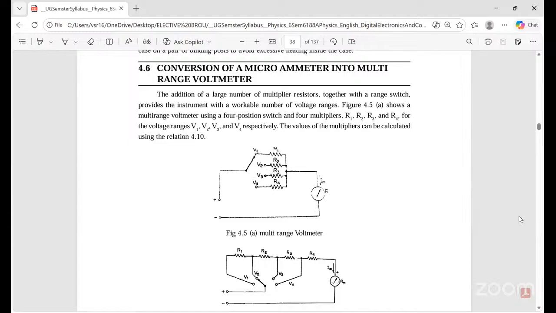If you correlate them with each other, then only you will be able to understand the present scenario. Okay. So a multi-range voltmeter using a four-position switch for four multipliers, that is R1, R2, R3, R4 for V1, V2, V3.